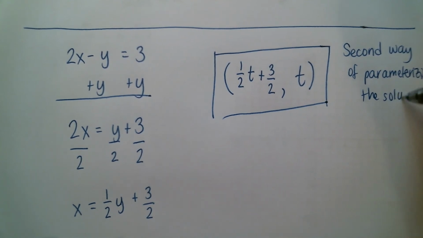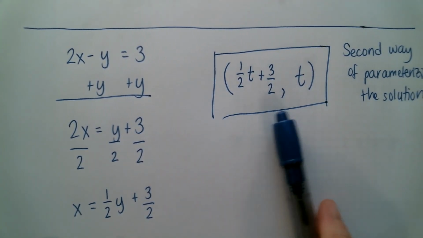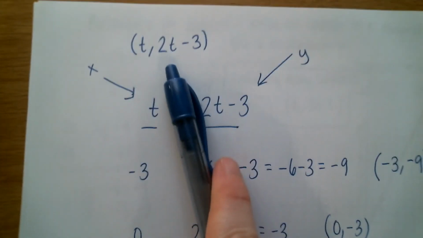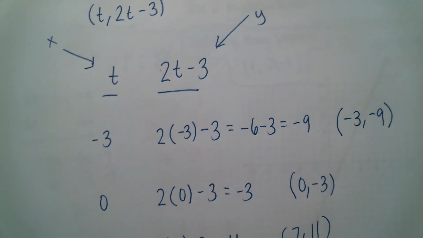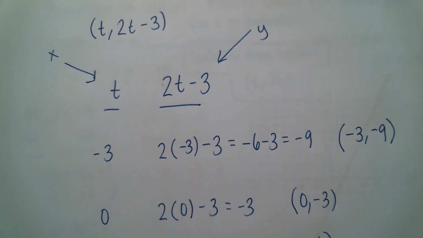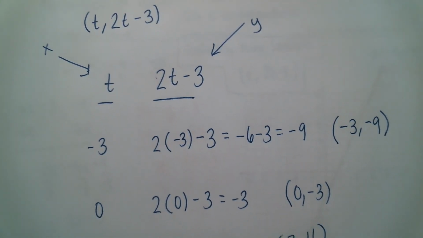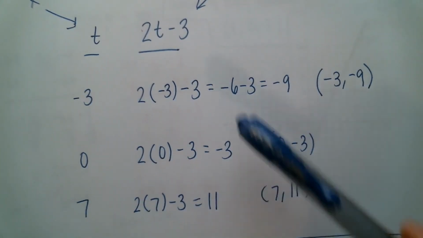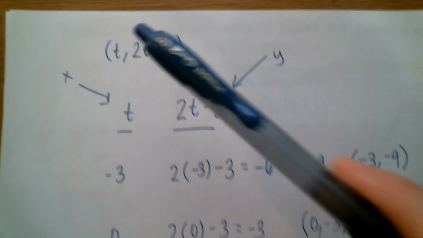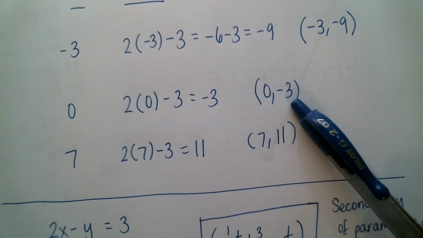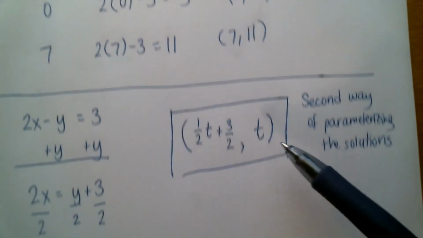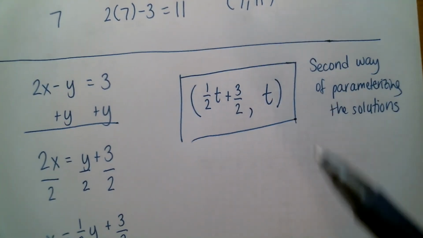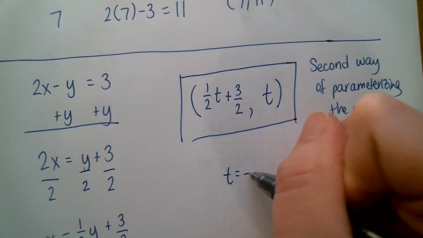They look totally different. This does not look anything like this, but they end up generating the same points on the line. For example, from the initial parameterization up here, we know that (0, -3) is on the line. If I want my y coordinate to be -3, for this parameterization, I would have to pick t equals -3.